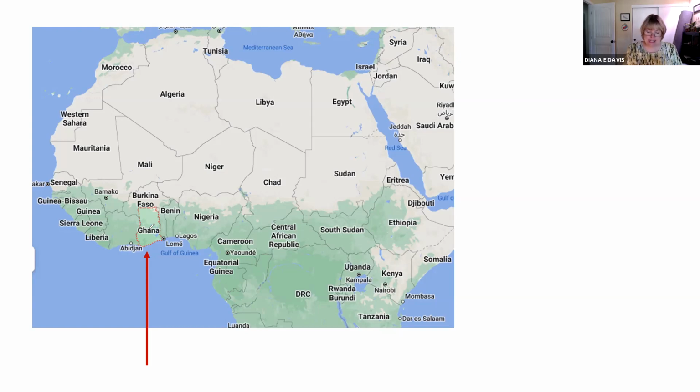This vaccine is still technically in clinical trials. The World Health Organization has not approved it for use, but Ghana is starting to give it to their communities, specifically to the young children. Young children are the highest risk for loss of life due to malaria.